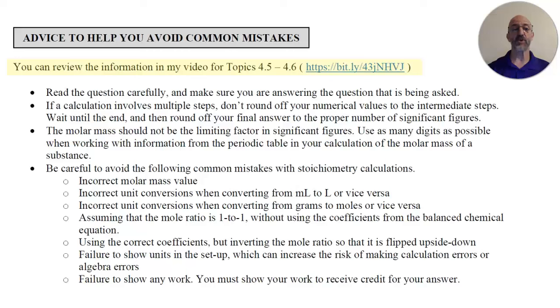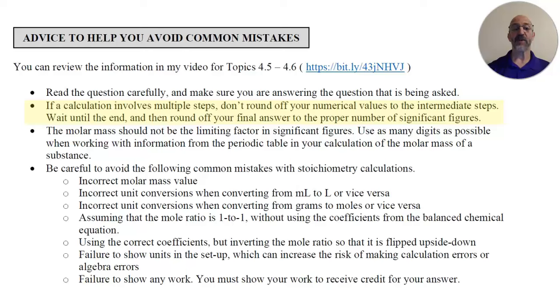My next piece of advice is what I normally say. It's very important to read the question carefully and make sure you are answering the question that is being asked. Now, because we're talking about calculations, if a calculation involves multiple steps, don't round off your numerical values in the intermediate steps, because that can create a problem where your answer doesn't quite match the intended answer. So wait until the end.